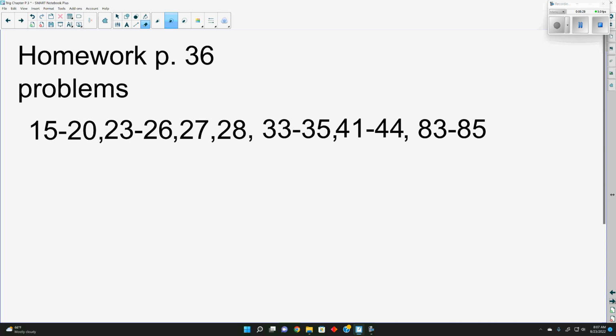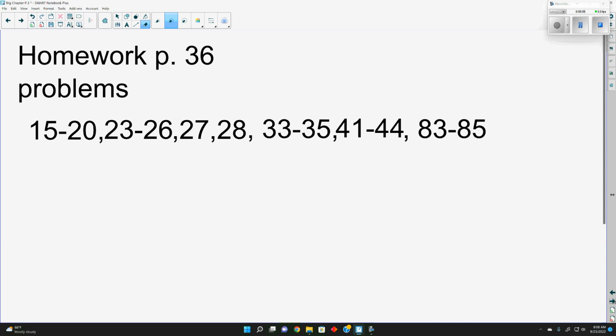I'm going to grab the book. So 15 through 20, we didn't specifically talk too much about this, but it's determine which quadrant (x, y) can be located.